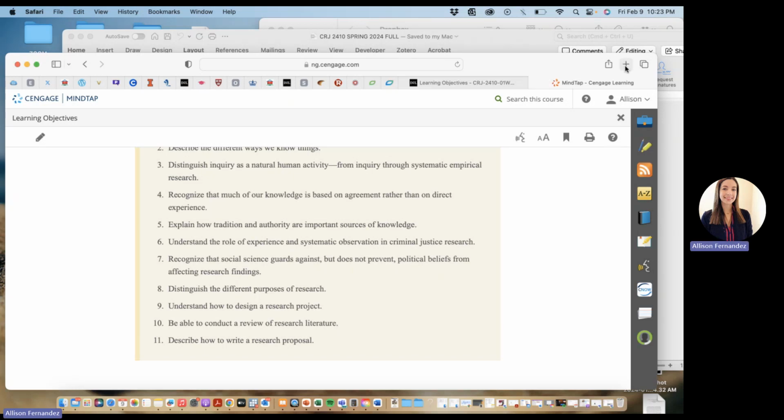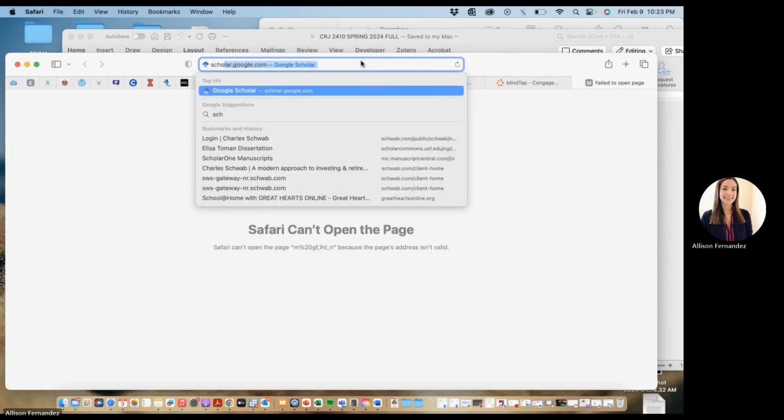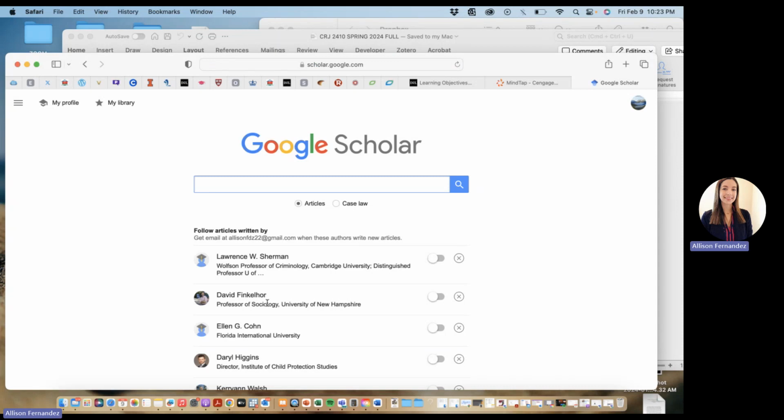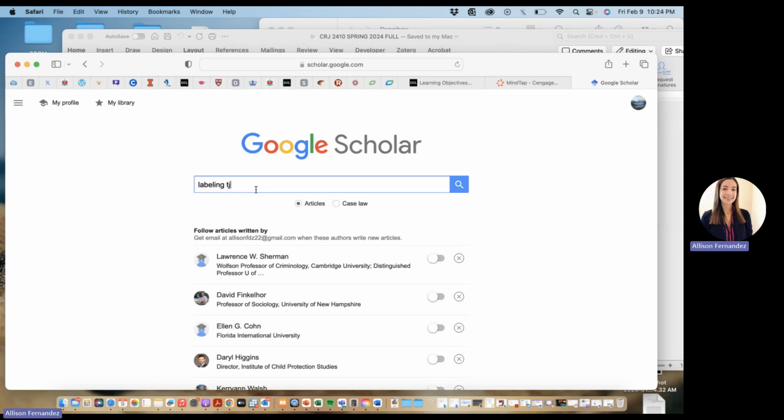So if you go to Google Scholar, you will be able to look at different articles. So let's say, like me, you're interested in labeling theory. You can put labeling theory and crime.